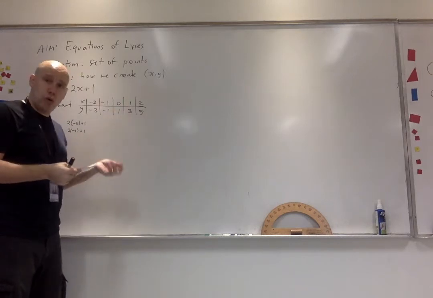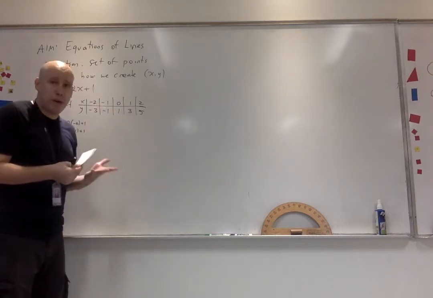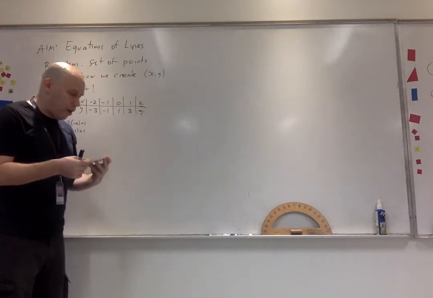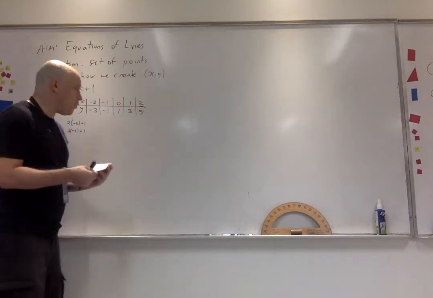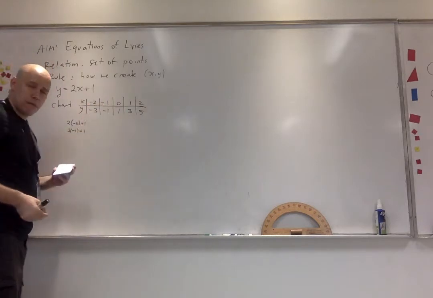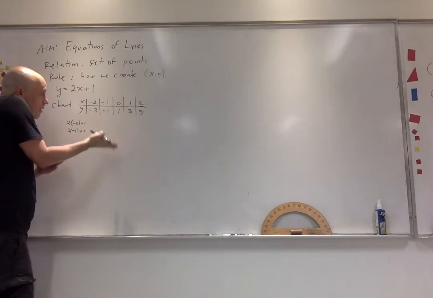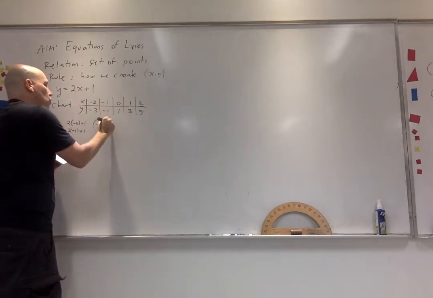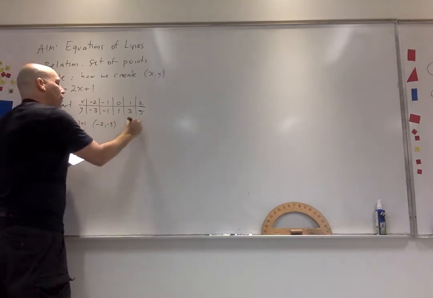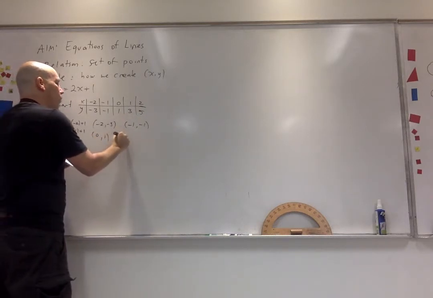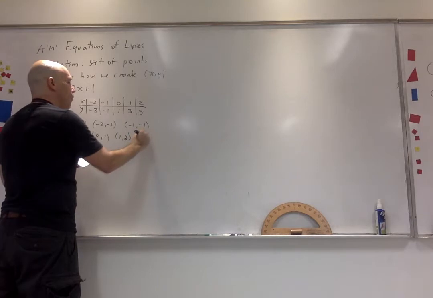For 1, 2 times 1 plus 1 is 3, and for 2, 2 times 2 plus 1 equals 5. So you created this table, and from the table you created a set of points: (-2, -3), (-1, -1), (0, 1), (1, 3), and (2, 5).